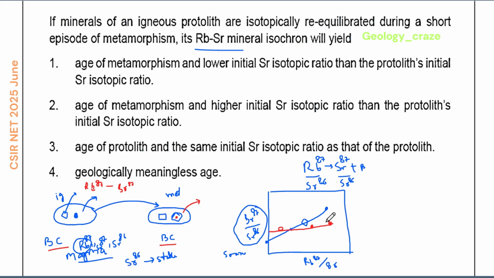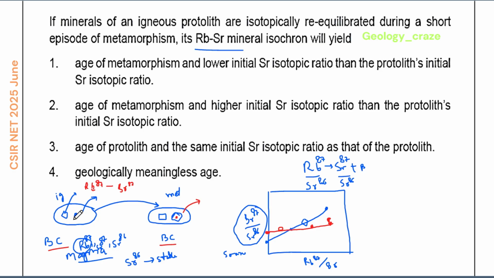Now this isochron, this point will give us Sr 87 by Sr 86, but this Sr 87 by Sr 86 is for this rock, from where the new minerals are forming. They will not tell us about the original composition of Sr 87 by Sr 86. To calculate that one, we will go for this one, before metamorphism.